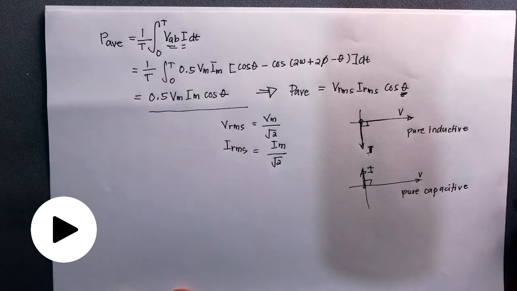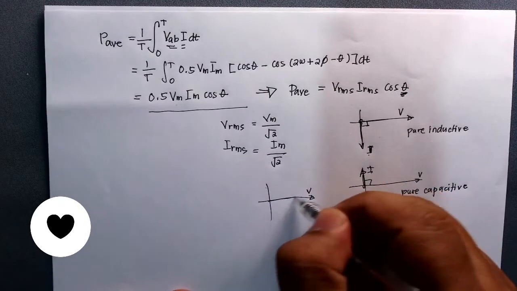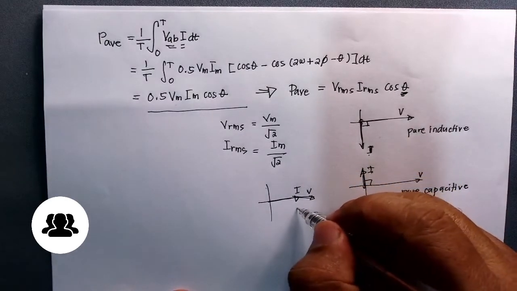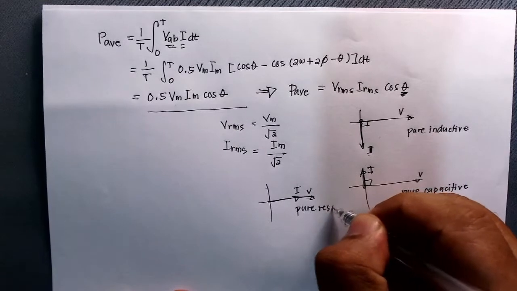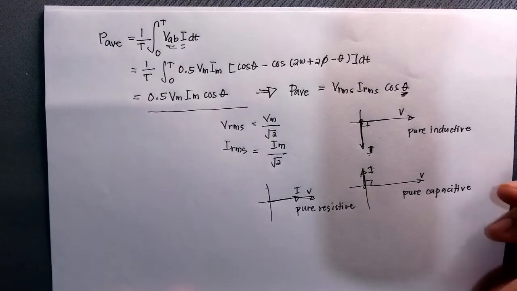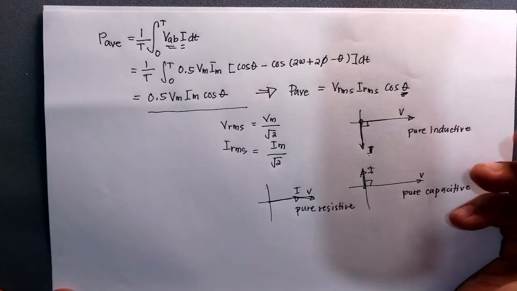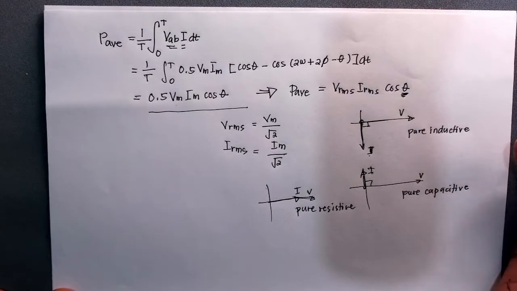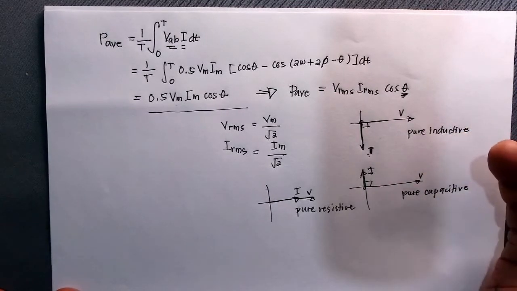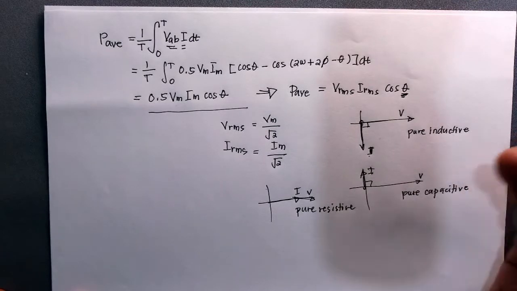Okay? But if your voltage is here and your current is also here, this is a pure resistive circuit. Okay? And we can easily determine the theta by considering the inductive reactance and the resistance, and also the capacitive reactance and the resistance.